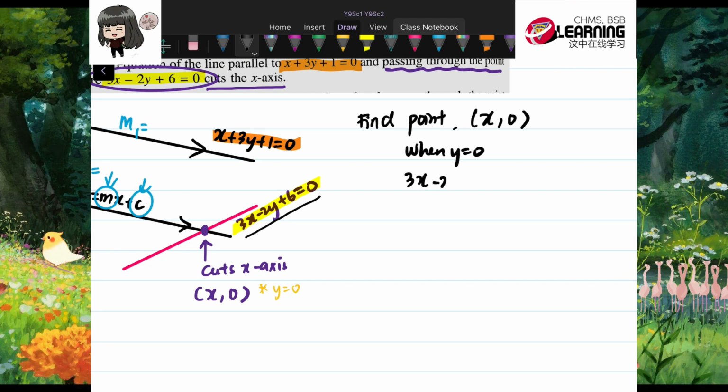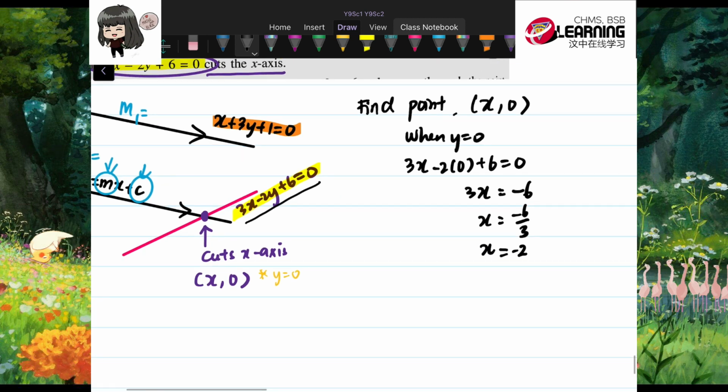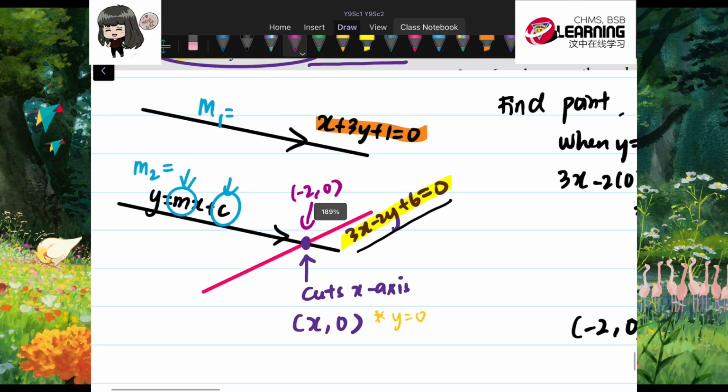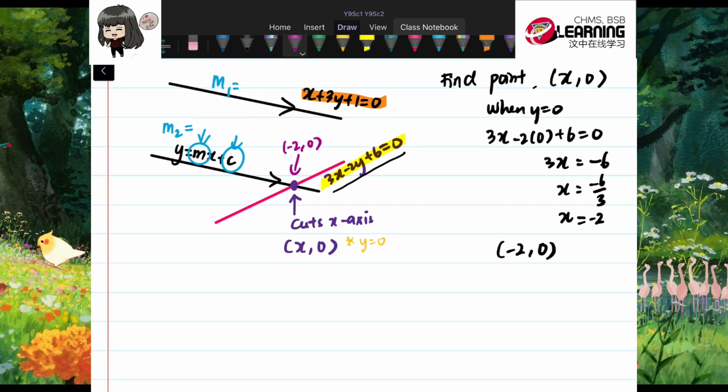So 3x minus 2 times 0 plus 6 equals to 0. So 3x equals negative 6, so my x is negative 2. So we know that this point is (negative 2, 0). We found it already.